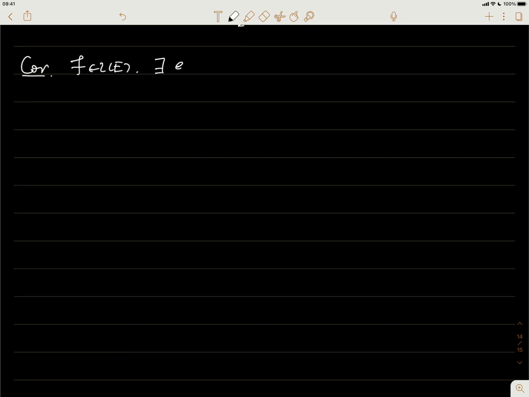So there exists a sequence of continuous functions, say we call them g_k.